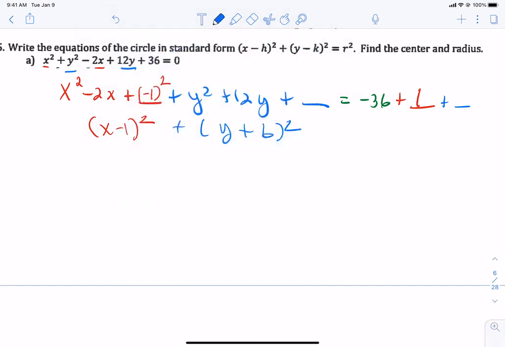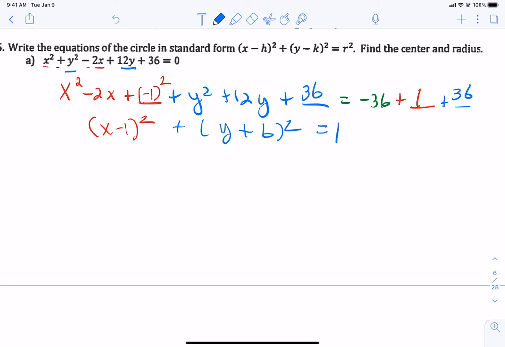For the y's, what's going to go right here? Well, it's always going to have to be 6 squared, because it's going to be y plus 6 times y plus 6. 6 squared is 36. That's going to fill my spot. And then you just add these together. -36 plus 1 plus 36 is 1.